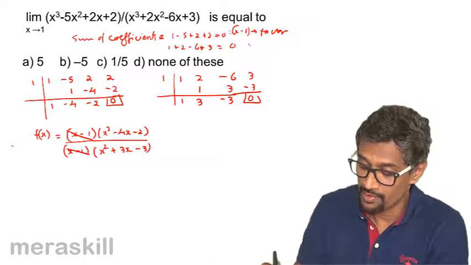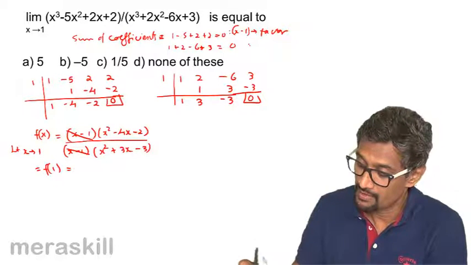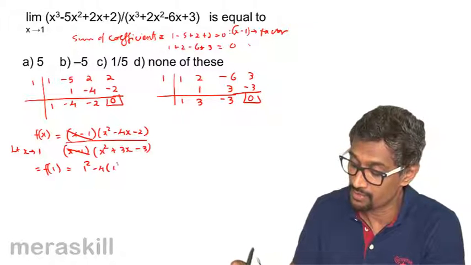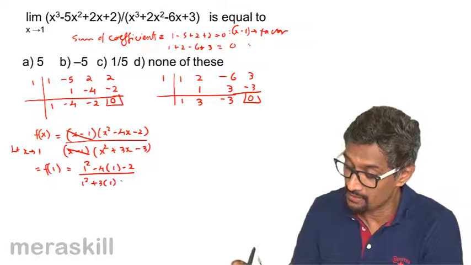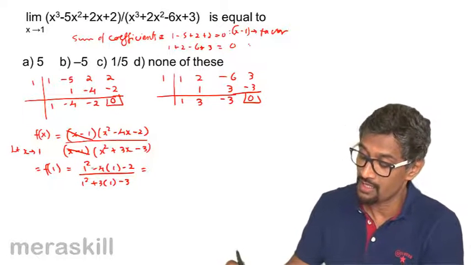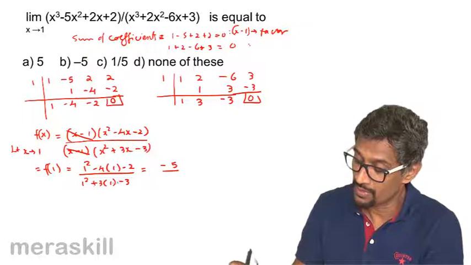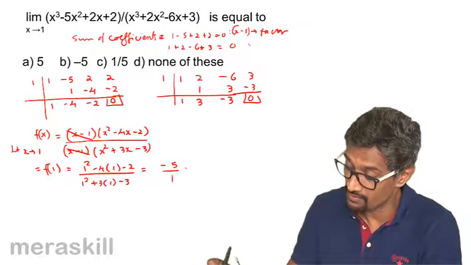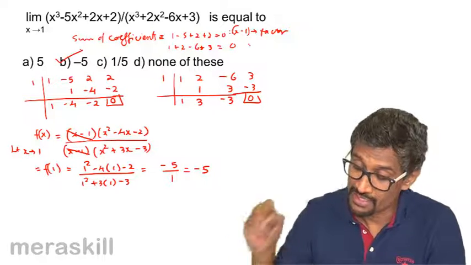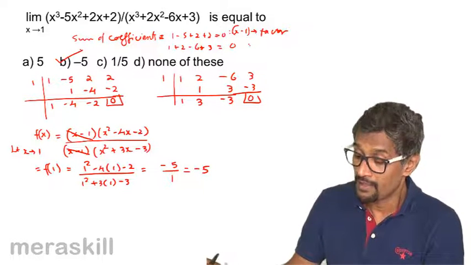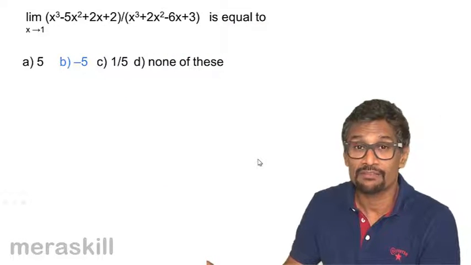Now limit as x tends to 1 is nothing but f of 1 itself, which will be 1 square minus 4 into 1 minus 2 upon 1 square plus 3 into 1 minus 3, which is 1 minus 4 minus 2, minus 5, upon 1 plus 3 minus 3, which is 1, so minus 5. Let's check. Yes, we do get it as minus 5.